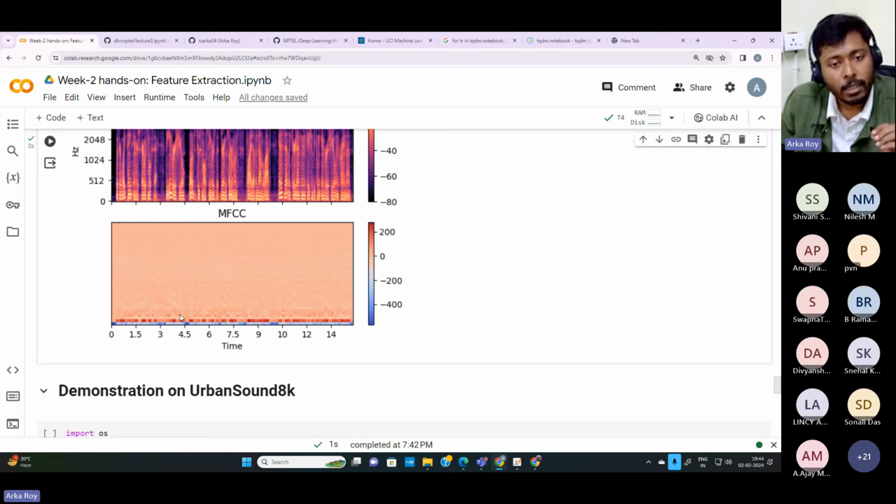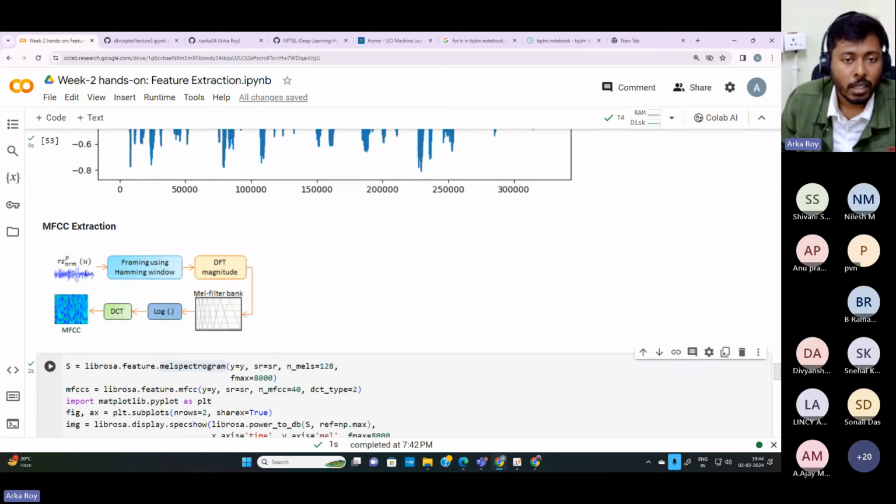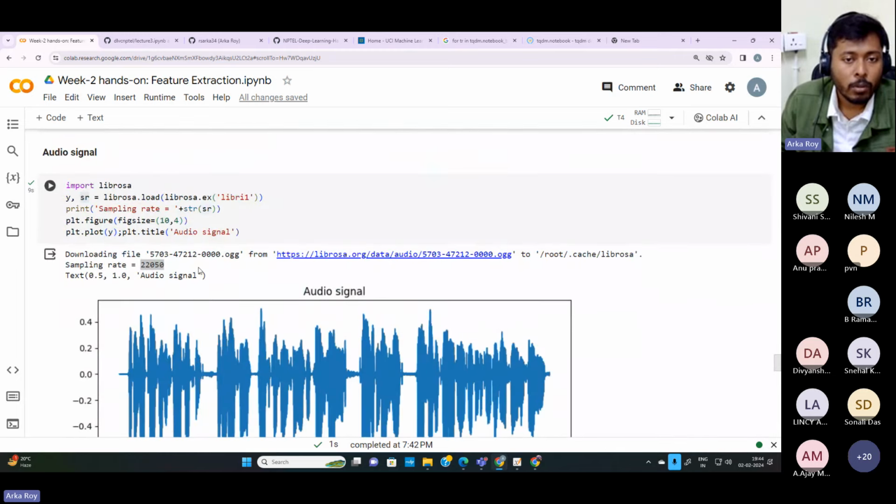That means in this MFCC vector also you can extract texture based features, and feed those into your deep learning or machine learning model to get it classified into that particular class.